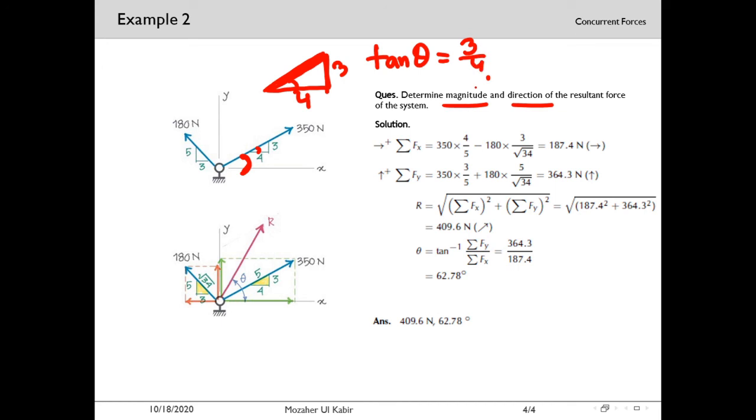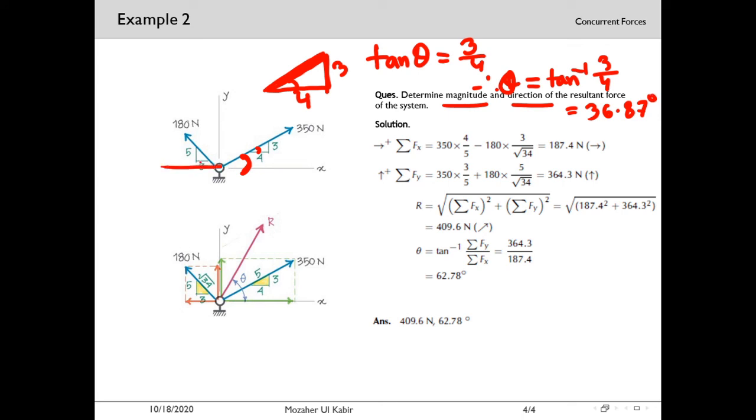So from here we can get the value of theta, which is equal to tan inverse 3/4, which will be 36.87 degree.